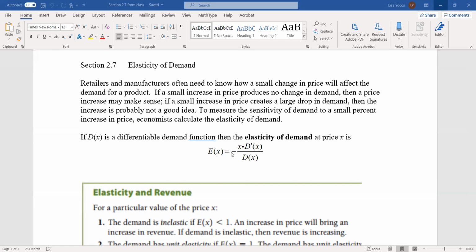And here's the formula for it. It's negative x times the derivative of x, all divided by, so d of x is the demand function. So it's x times the derivative of the demand function divided by the demand function.